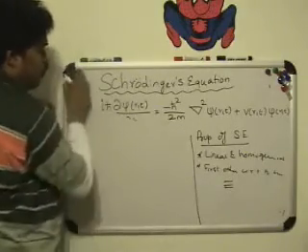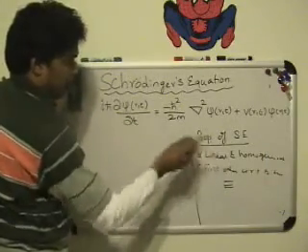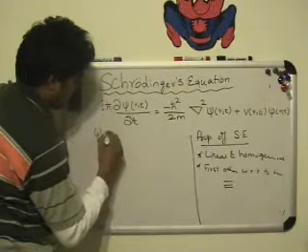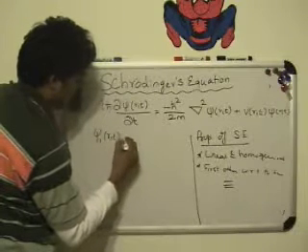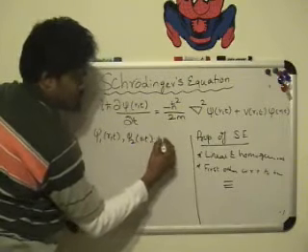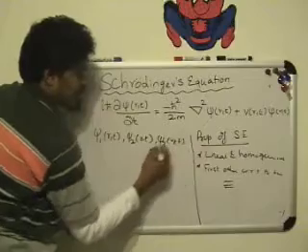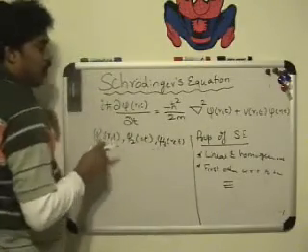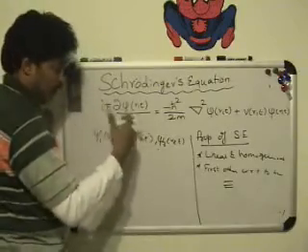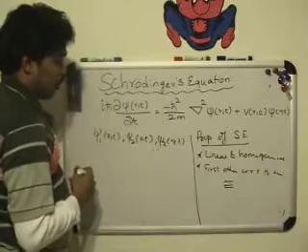what we mean by linear and homogeneous. So let us say psi 1 of r comma t, psi 2 of r comma t, psi 3 of r comma t, etc. are solutions, the wave function solutions, of the Schrodinger's equation.